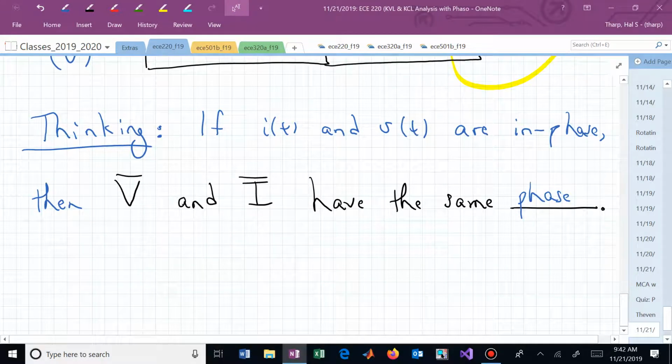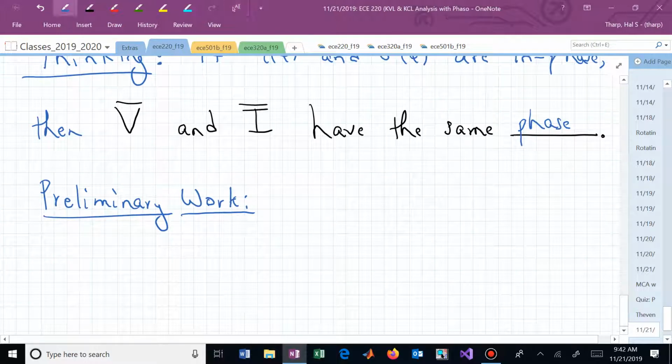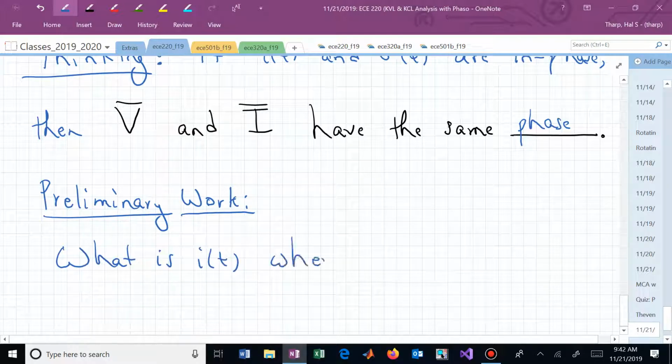Now, before we go into trying to find C immediately, let's do some preliminary work. Suppose that for comparison later on, we want to say, what is this current I of t when C isn't in the circuit? And this is one way to think through the problem.